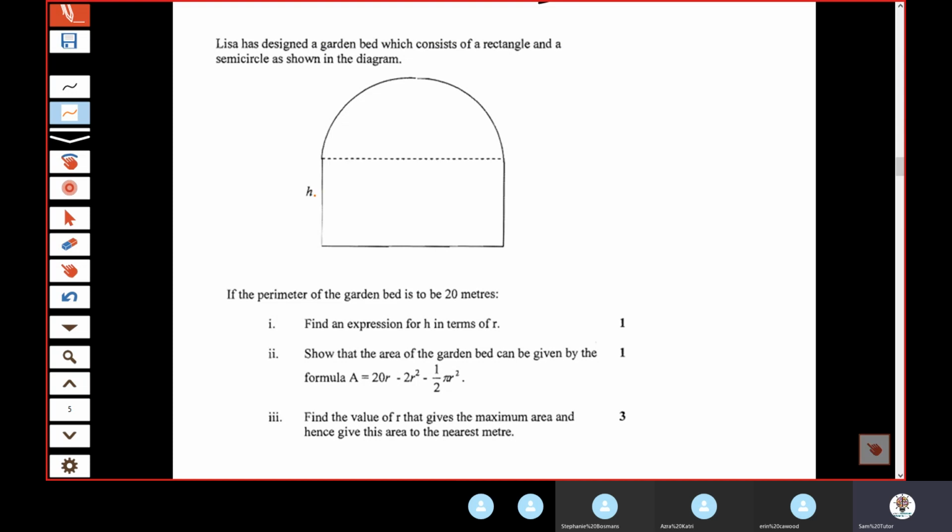So that's h. This is h. This is 2r, because this is r. Good job. That's your radius. And then, of course, what's this bit?